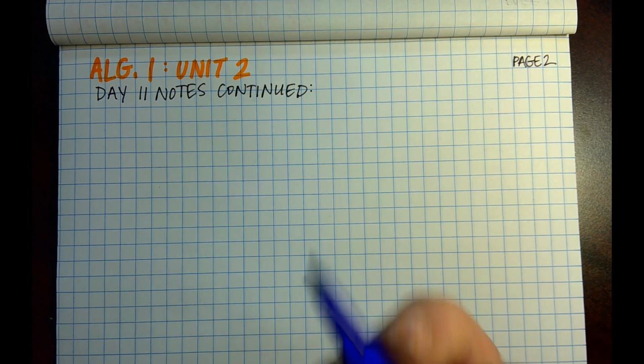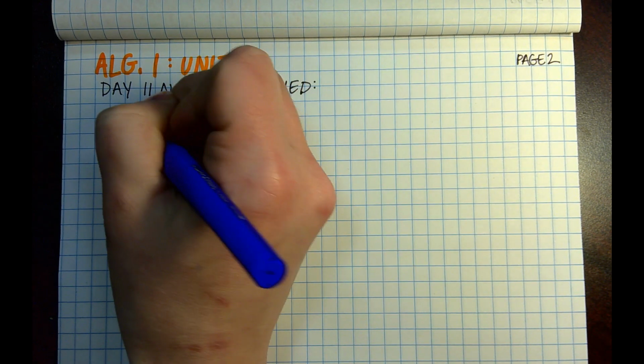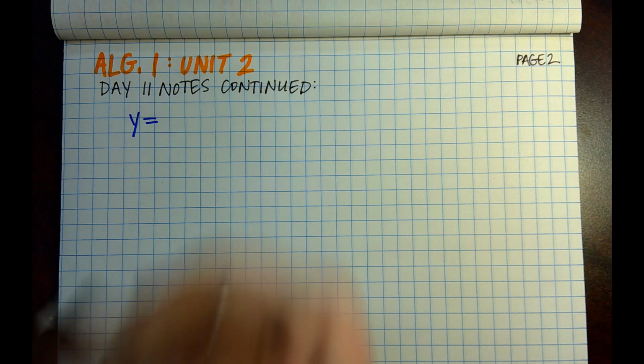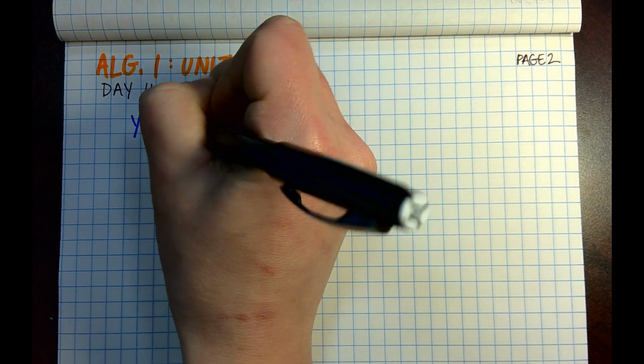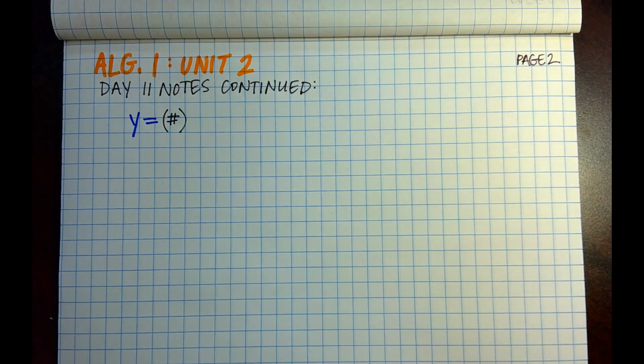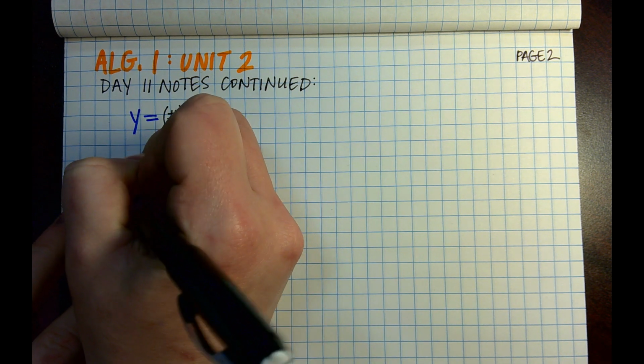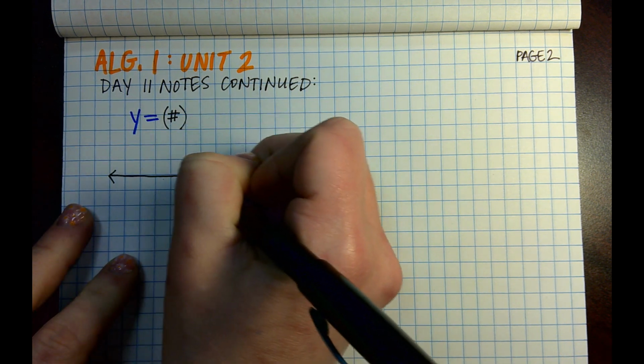Whenever we have a graph that is y equals a number, it looks like a line that is horizontal, going from left to right.